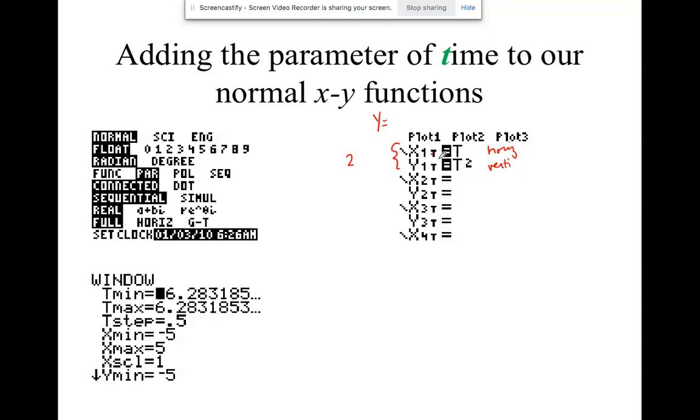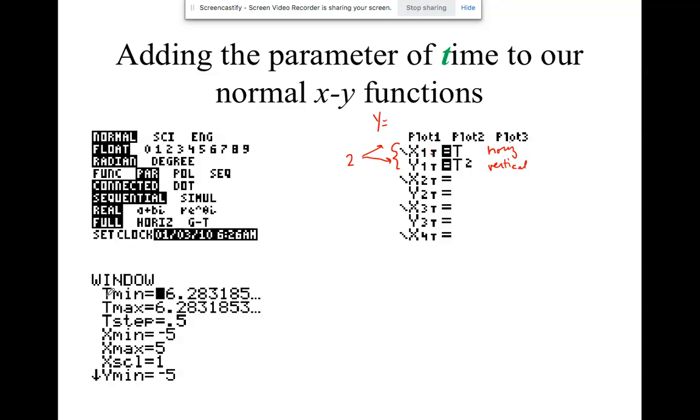So when time equals 1, my horizontal component is 1. When time equals 2, my horizontal component is 2. However, my vertical component at t equals 1 is also 1, but at time equals 2, my vertical component is 4. So 2 equations in parametric mode, horizontal and vertical.